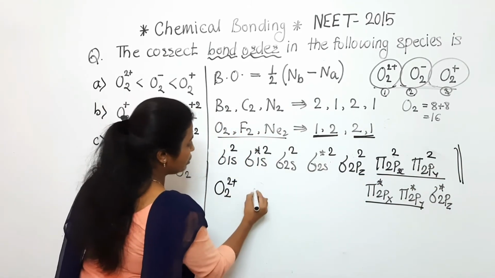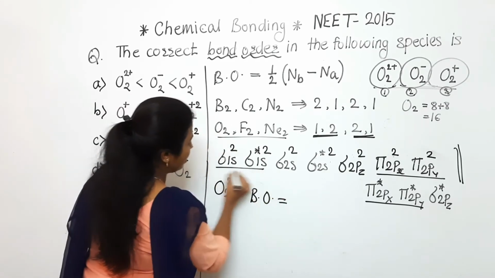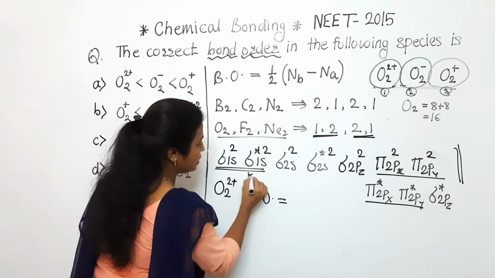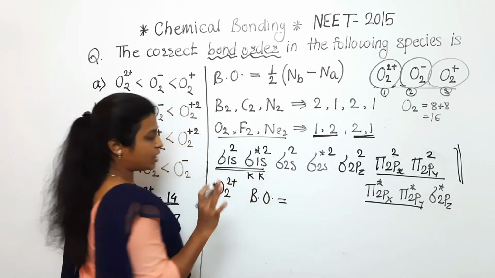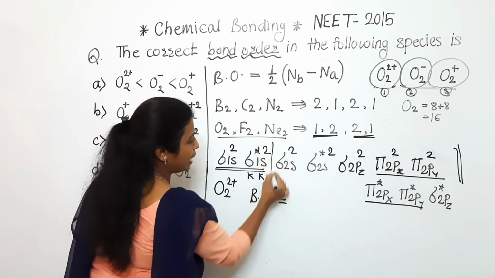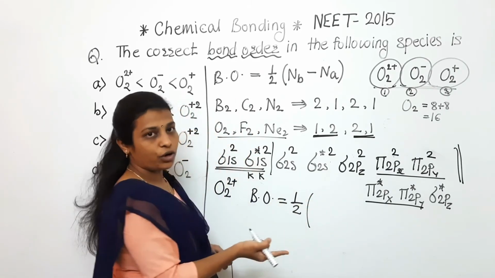Now see, firstly we will calculate the bond order. When we are writing the electronic configuration, at that time here we can consider the KK. Clear to everyone? When we are calculating the bond order, we will not consider that part. Now see, 1 by 2 into the number of electrons in the bonding orbitals.